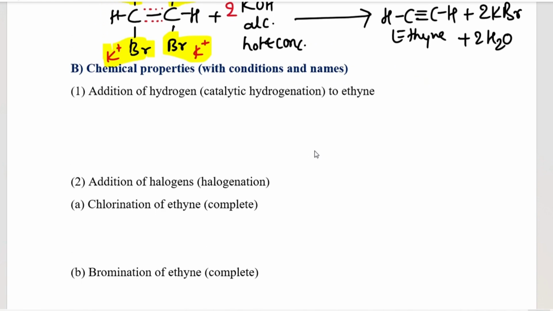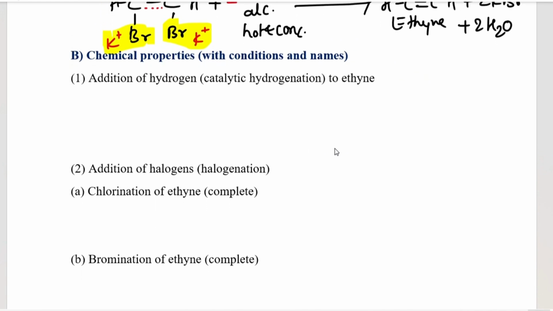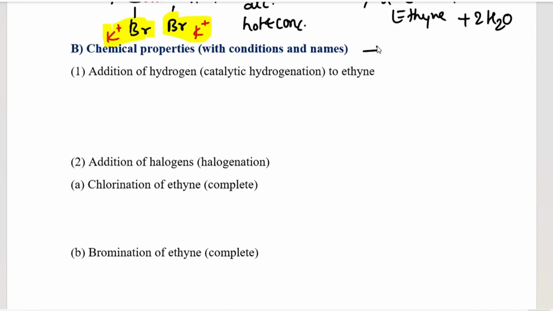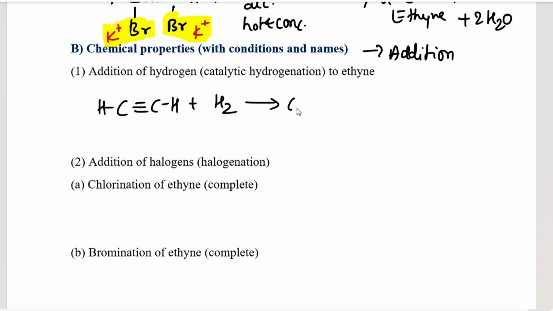Come to chemical properties. Alkenes and alkynes have exactly the same chemical properties. They undergo addition reactions: catalytic hydrogenation, bromination, chlorination, same thing. Take the carbon triple bond, that is alkyne, that is ethyne, add hydrogen. If you add only one molecule of hydrogen, only one bond will be removed. So what will happen here? CH2=CH2 will form.